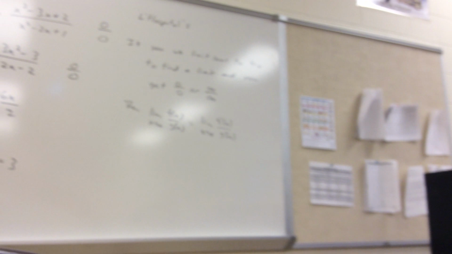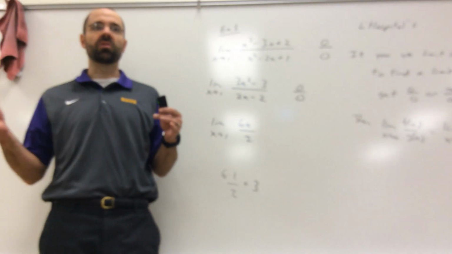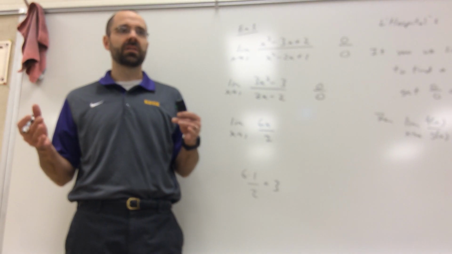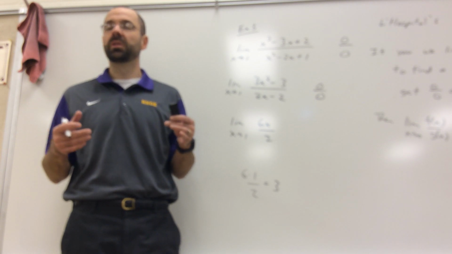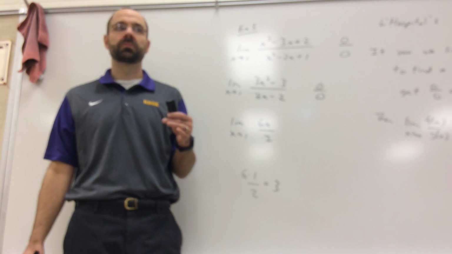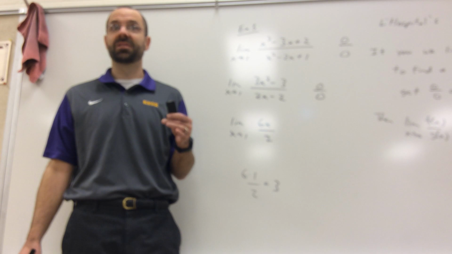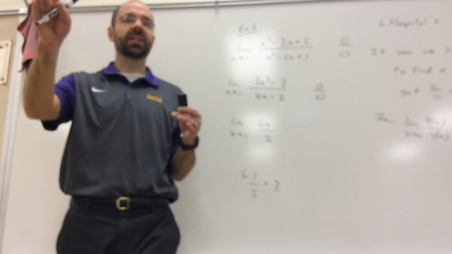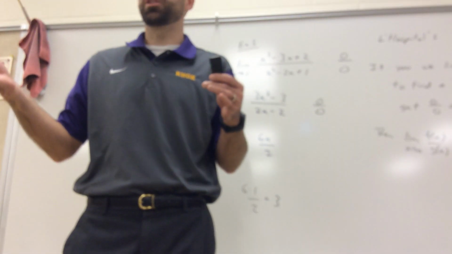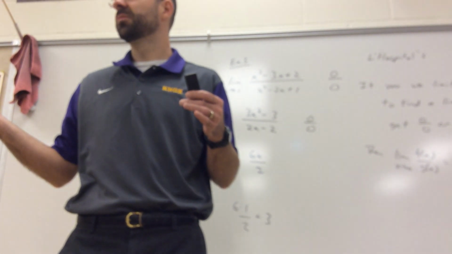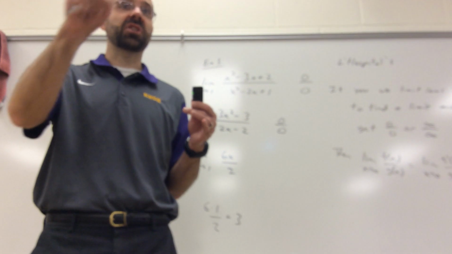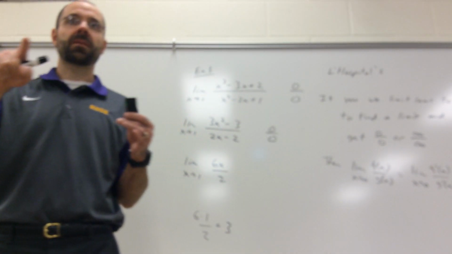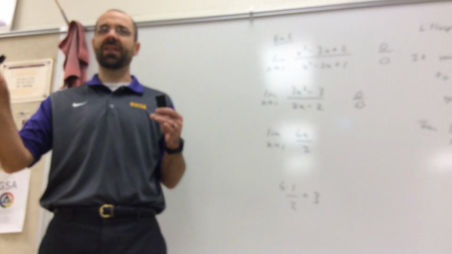Okay, so why do you think I waited a long time before I taught you this rule? Because it's really nice, right? First of all, we couldn't have done it in chapter 2 because we didn't even know what a derivative was. Then why did I wait longer after that?